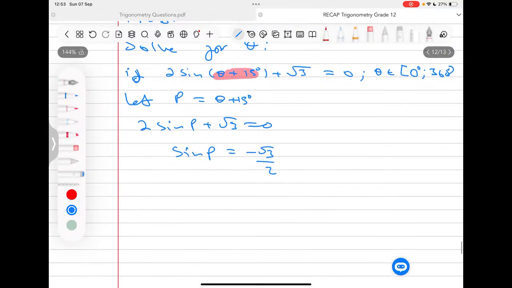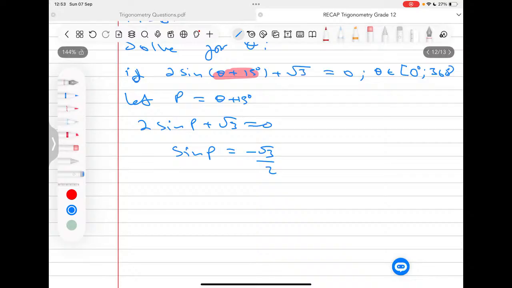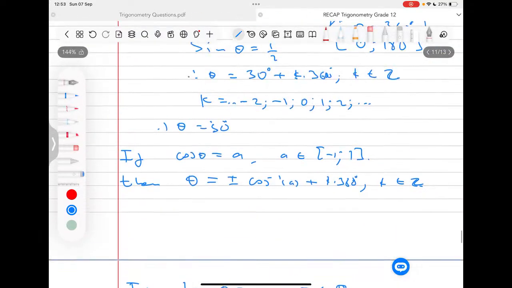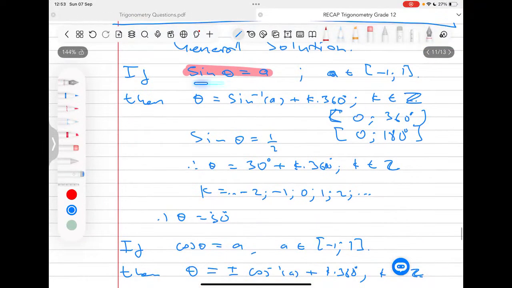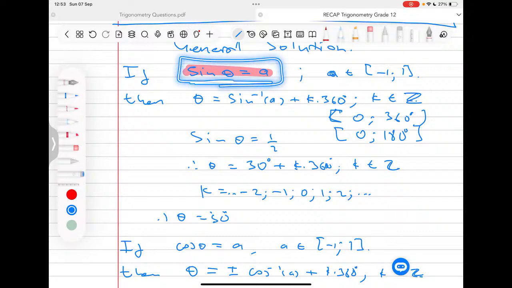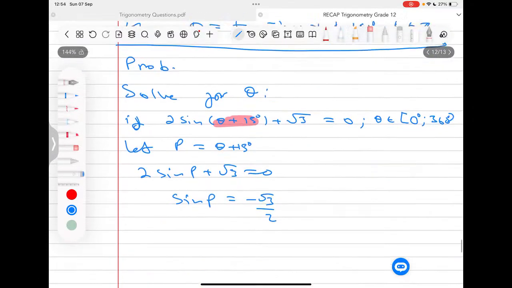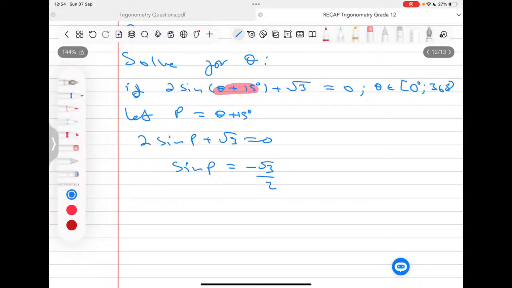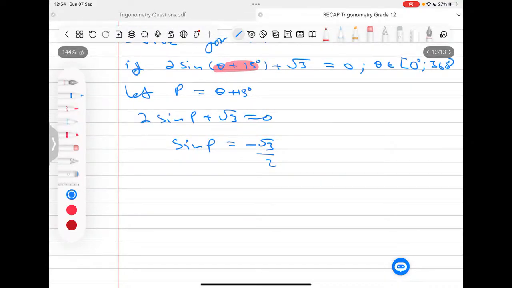Now, after doing this, we are at a position where we actually have that condition that says we have a sine theta being equals to some number A, right? So we are at this point. We're saying sine theta is equals to the A then. It means at this stage I can apply my general solution. I can come here and say this would mean that P is going to be the sine inverse.